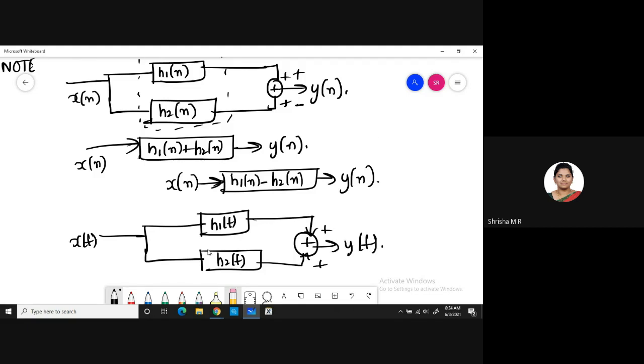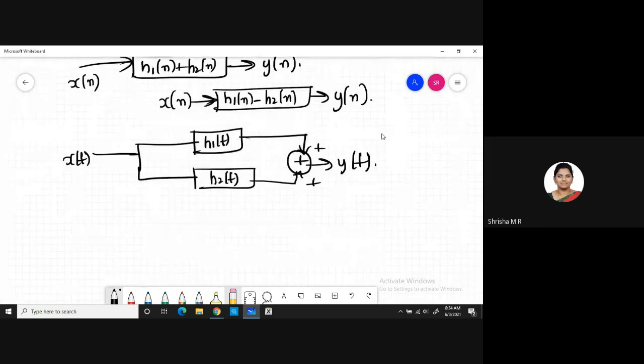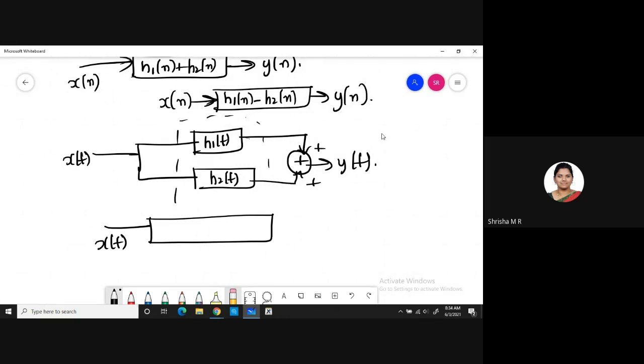So if you have two systems in parallel, you can add them up. You can replace these parallel systems by H1 of t plus H2 of t. Got it, everyone? It depends on the signs also, which are given here.